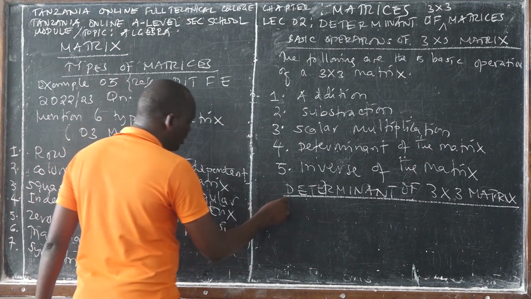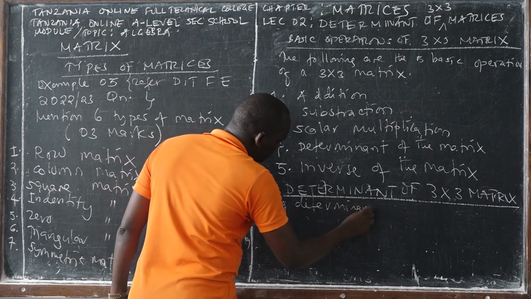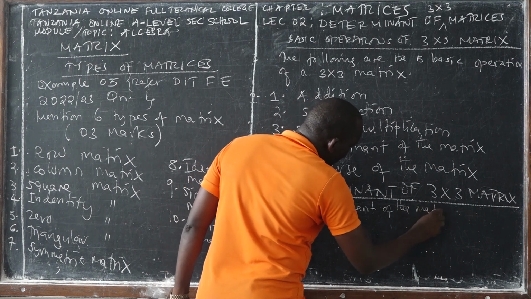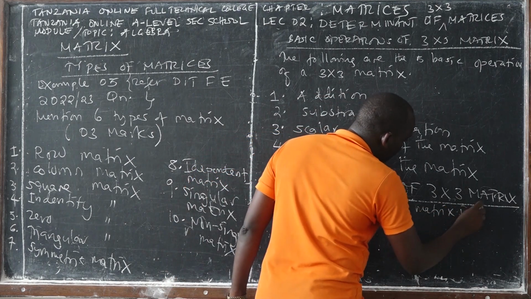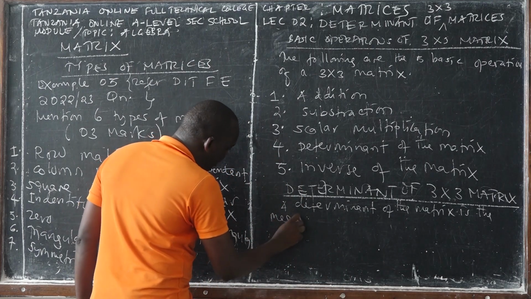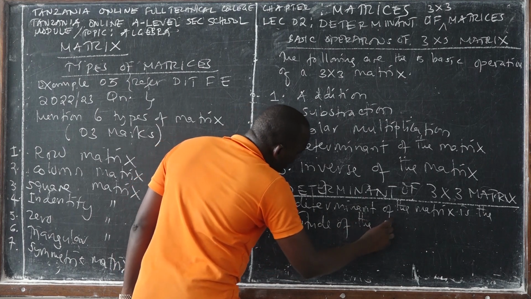So simply said, the determinant of the matrix is the magnitude of the matrix.